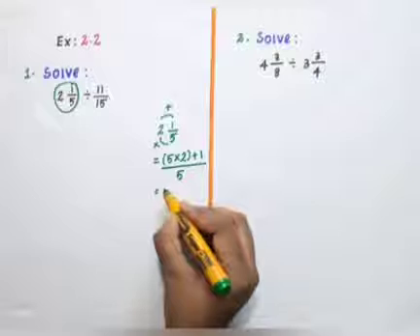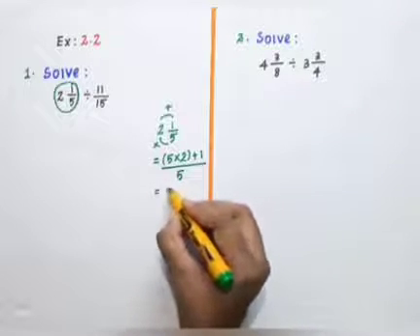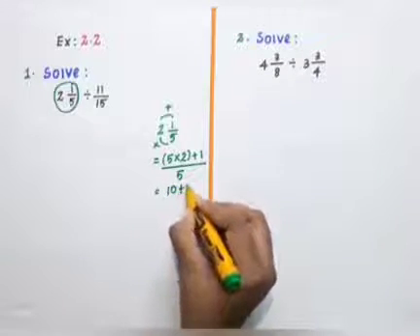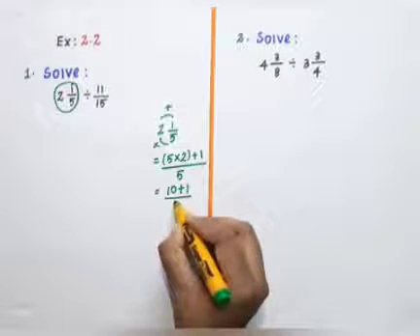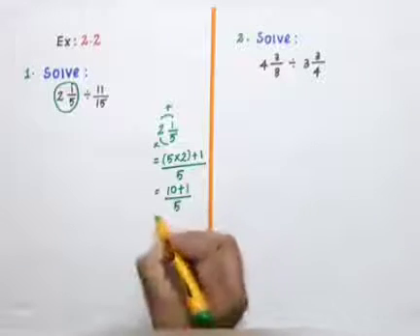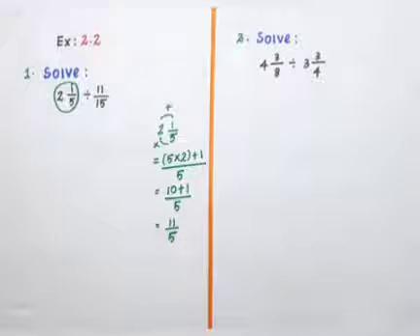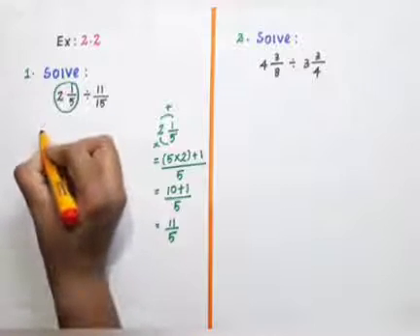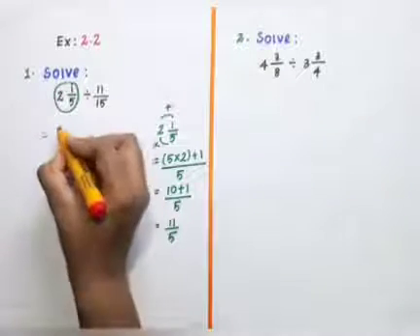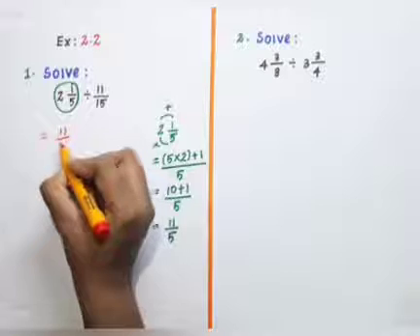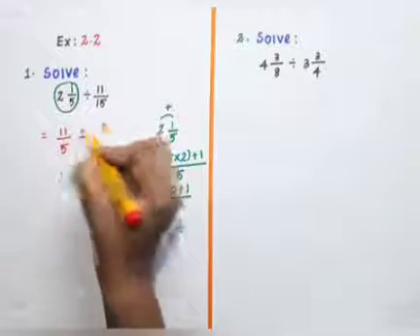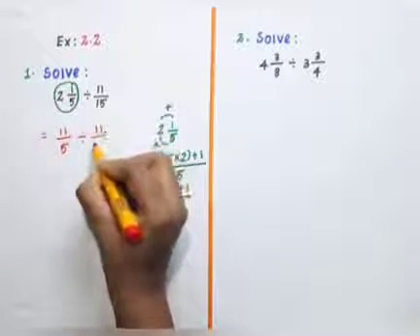This is equal to 5 twos are 10, plus 1, divided by 5. This is equal to 11/5. Instead of 2 1/5, we can replace it with 11/5. This is equal to 11/5 divided by 11/15.